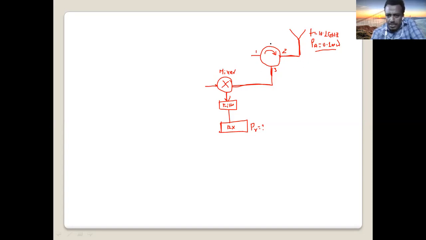So how much is 0.1 milliwatt in dBm? Convert that. dBm is always equal to, from our formula, 10 log of the given power, which in this case is 0.1 milliwatt from the antenna, divided by 1 milliwatt, right?